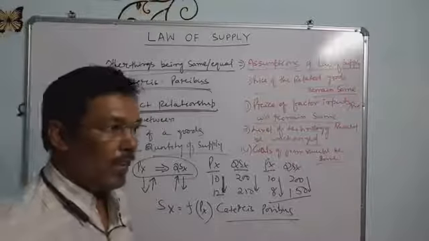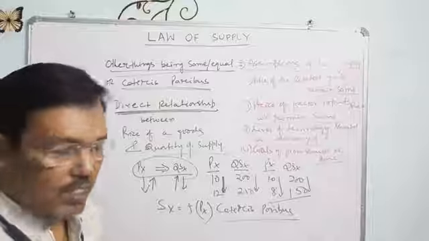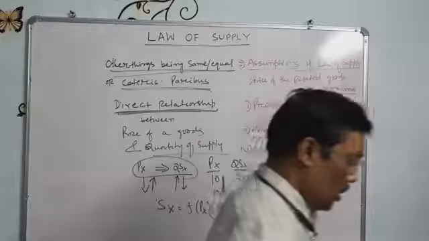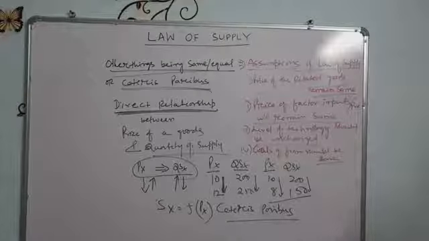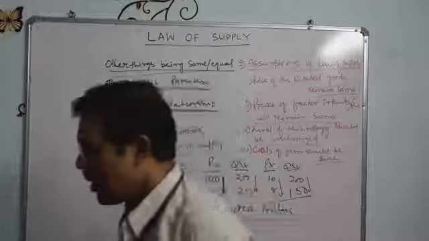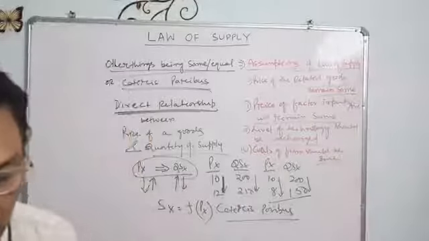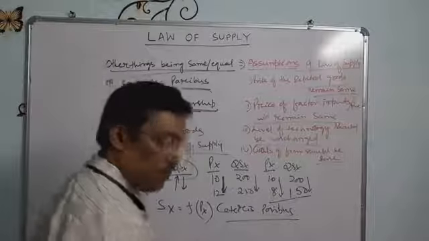One point I left out is government policies. Regarding government policies, I am speaking about excise duties. When the government imposes more excise duties, the price will increase. So here the condition is that government policy regarding taxation should be unchanged.